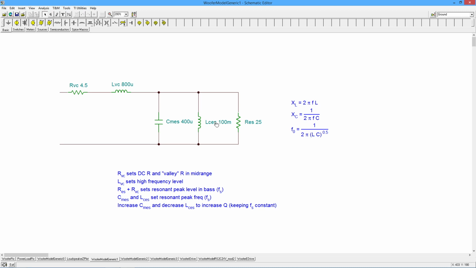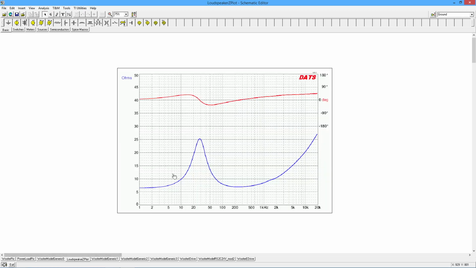Now, what's going to wind up happening is that the Q, the width, if you will, of the resonant plot here probably won't be what you want. In other words, you might get something that's really broad that comes up like this, really pokey kind of thing. Or you might have something that's really tight, it comes in like this, like a really pointy kind of plot here, right?